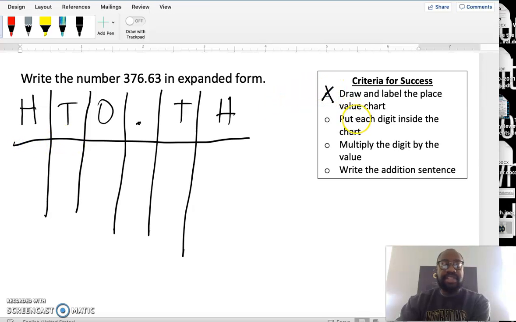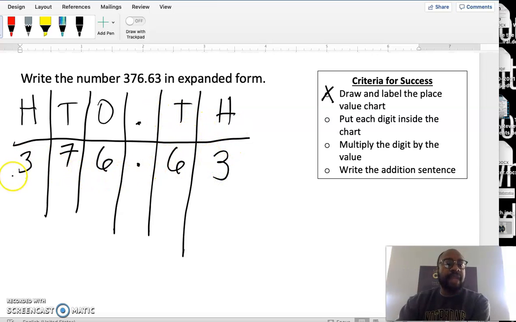Now I'm going to put this number inside of the chart. So there's a 3 in the hundreds place, a 7 in the tens place, 6 in the ones place, my decimal point, 6 in the tenths place, 3 in the hundredths place. Now I'm going to write out the expanded form by multiplying.